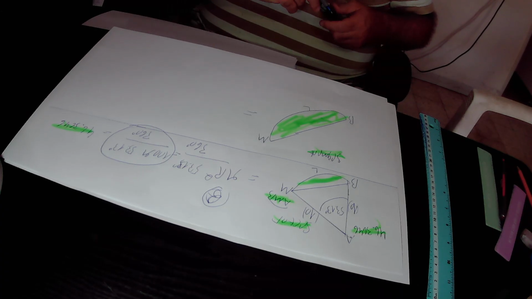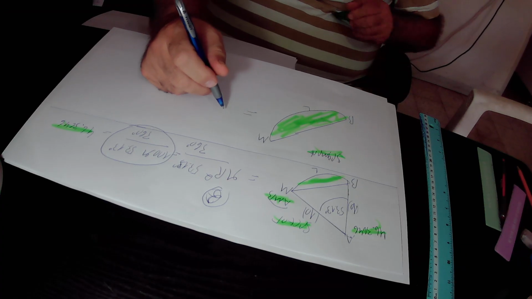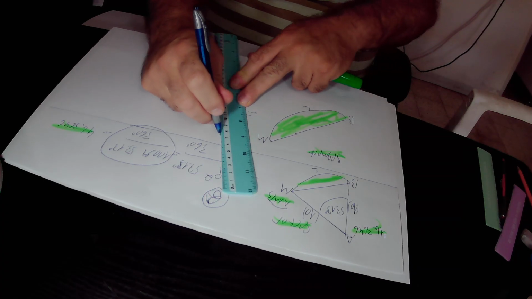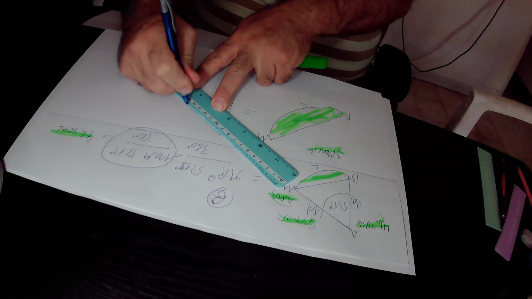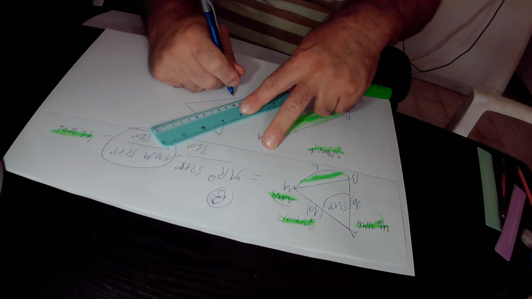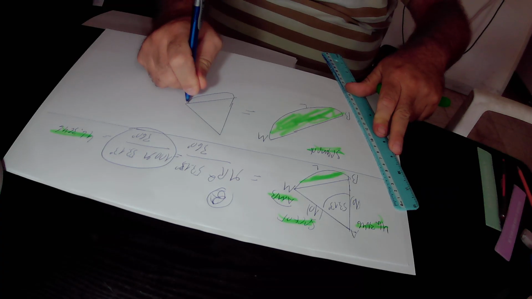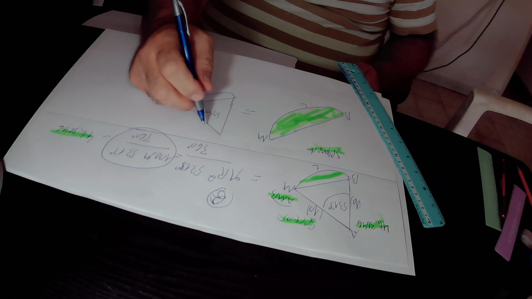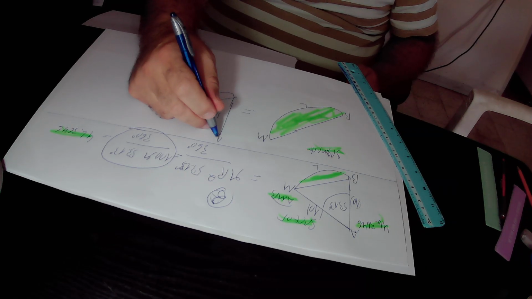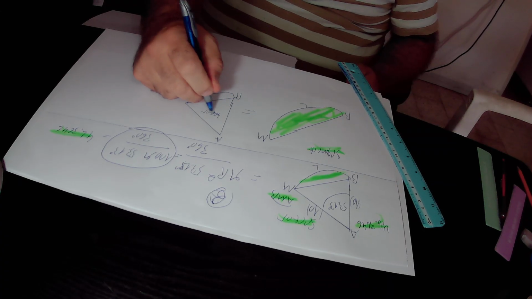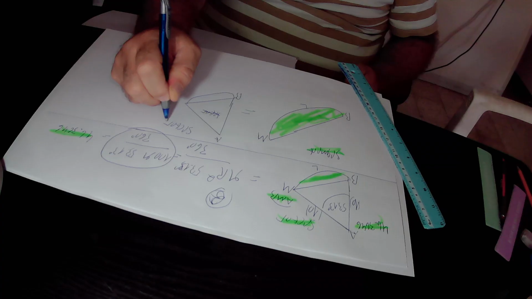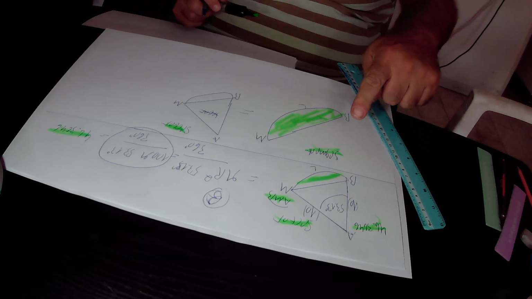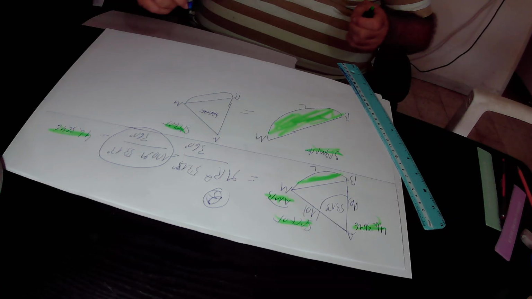So write it down. In total, the area of the lower segment BLM equals the area of sector ABM, this is sector ABM, minus the area of this triangle ABM.